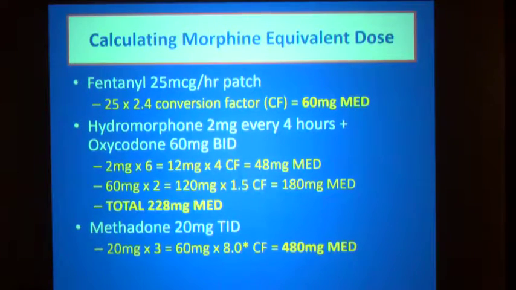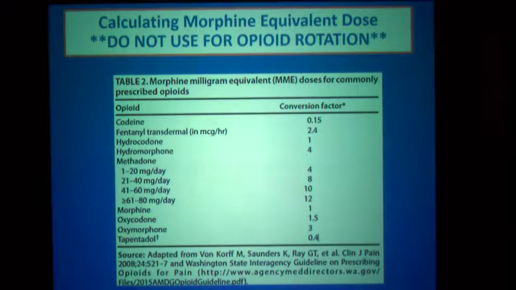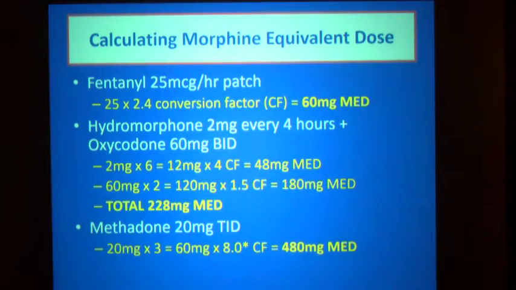Did I do that wrong? Sorry, let me go back. Yep, sorry, that's wrong. It should be 600. The conversion factors changed in the time that I last did this slide. So that should be times 10 conversion factor to give you 600 milligrams of morphine equivalents.